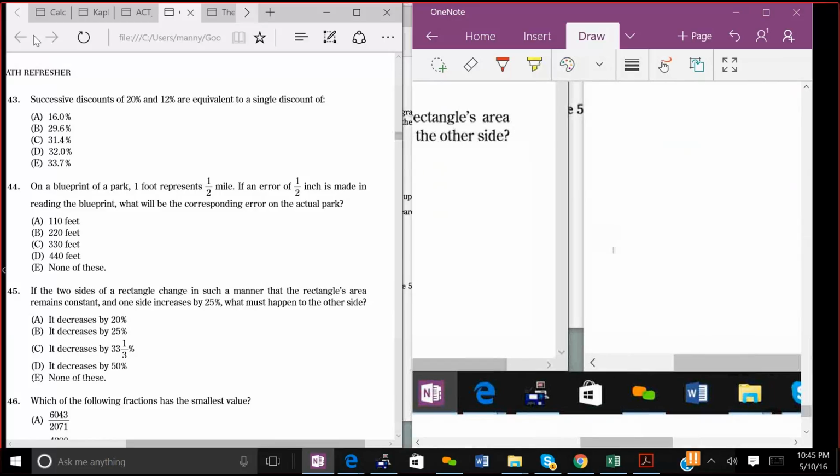So if we do 100, 20% off of 100 is 80. 12% of 80 is 64.